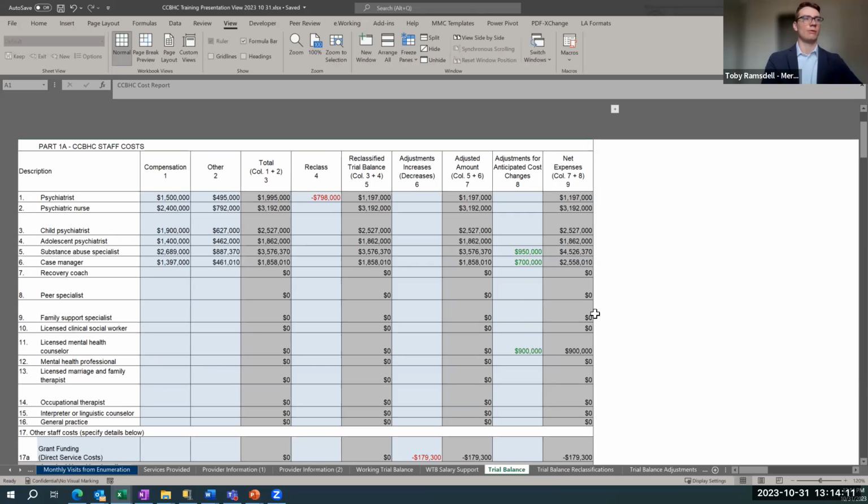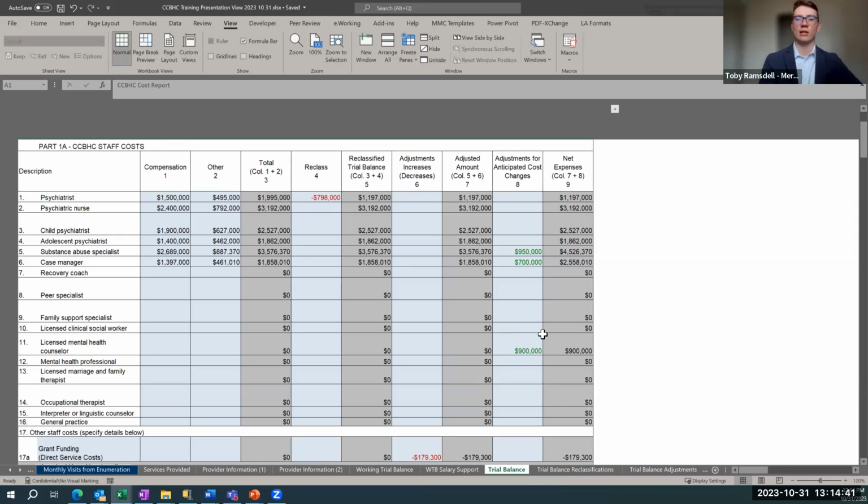All right, moving on to column 8, you'll see some anticipated costs. Anticipated costs, as we mentioned, may be for an expansion of staff, an expansion of the amount or type of services provided, or even necessary changes to the CCBHC's structure or system to provide the full array of CCBHC services.